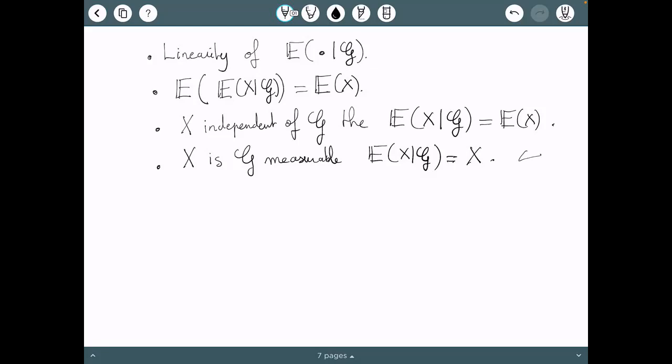In fact, this one you can also see directly from the definition, because of course the constant expectation of x is G measurable, because it is just a constant.